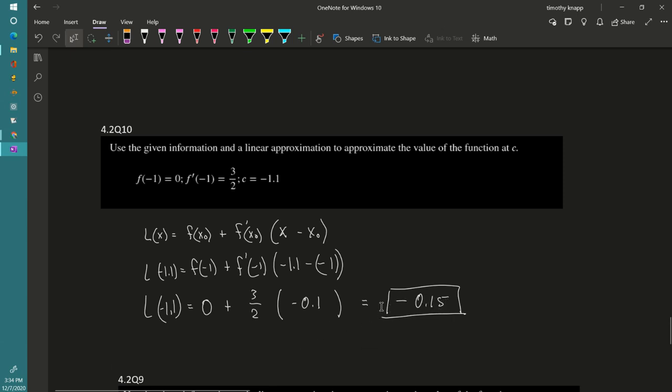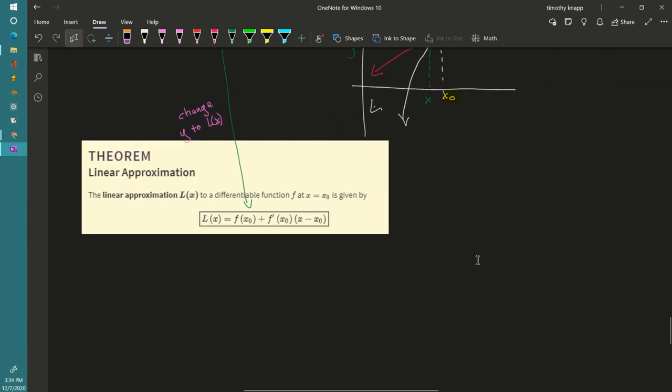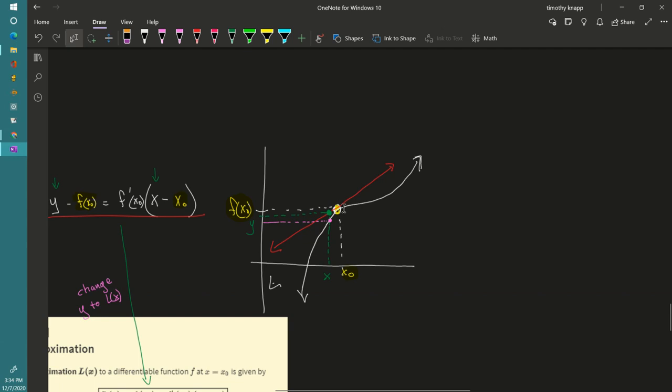And so now what we say is the function has a value of -0.15 at c, or at x equals -1.1. Even though it's not true that it has that value, we're just going to say that it is close to that value, right? So we're taking this green line, this red line, building this green point, and telling everybody, hey, since this is a tangent line, we're going to say that value is close enough.